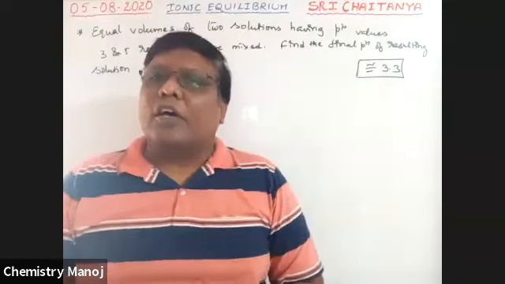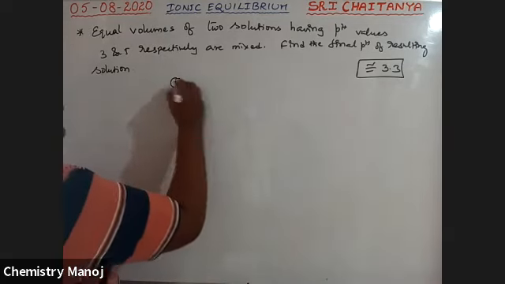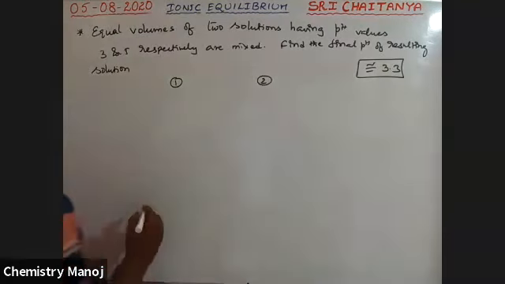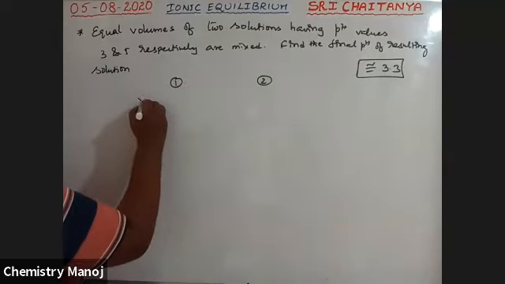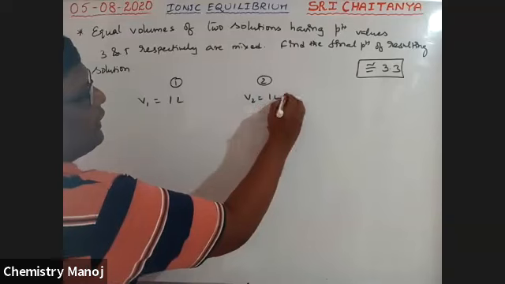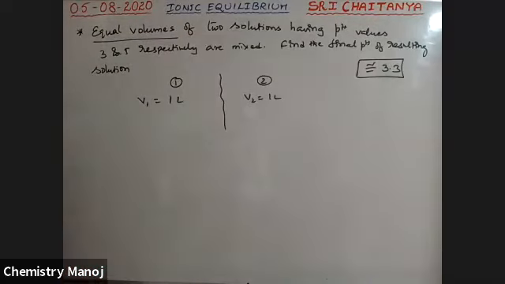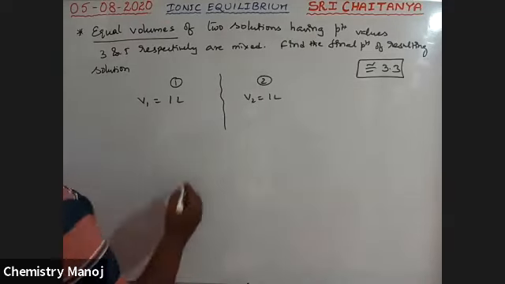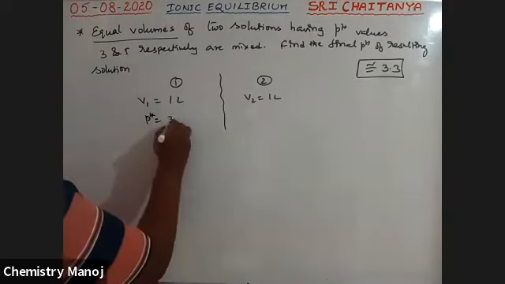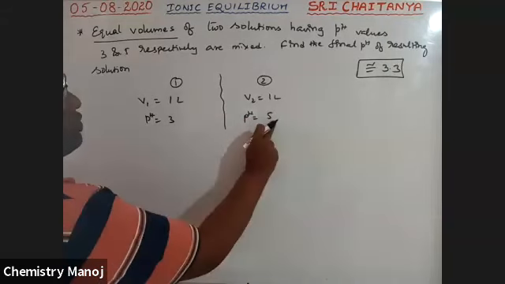So now I am calculating using the concepts. See here, two solutions, first solution and second solution. The volumes are equal, so let V1 be 1 liter and V2 also 1 liter. I'm taking the volumes constant. Next, pH of the first one is 3, pH of the second one is 5.